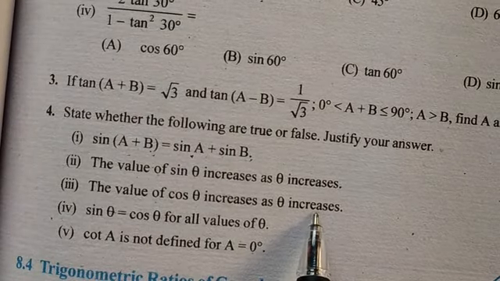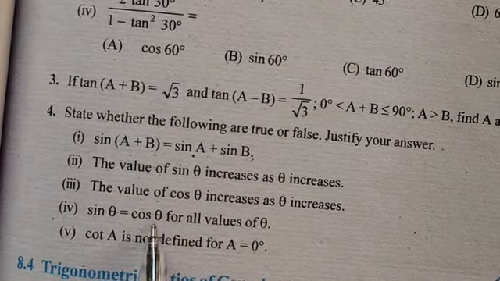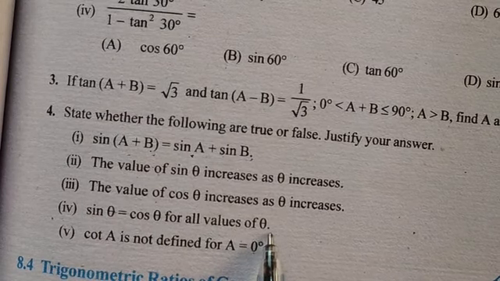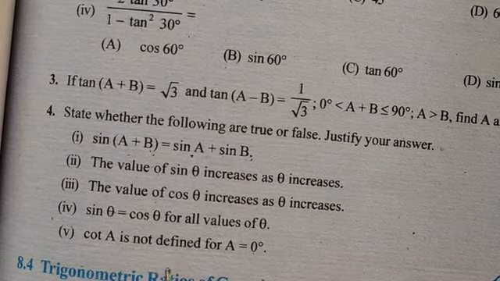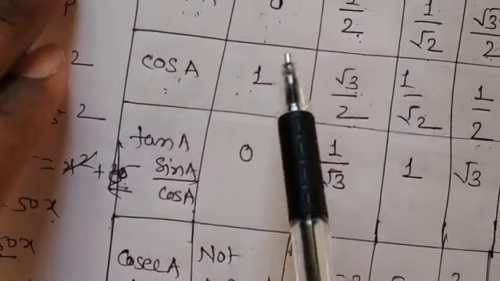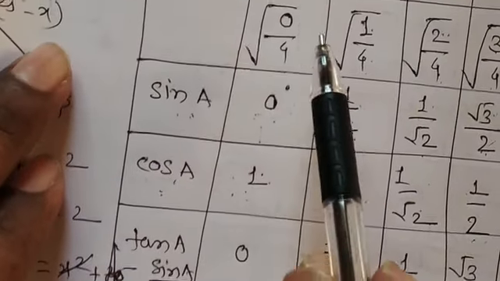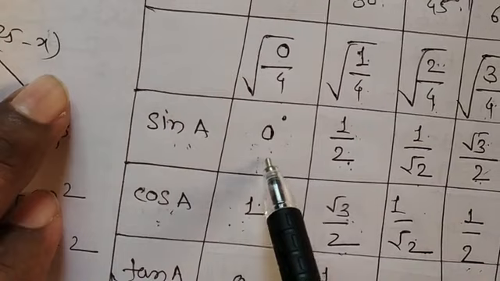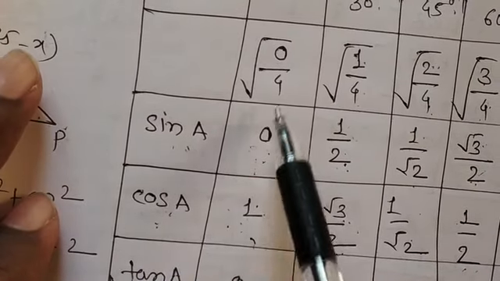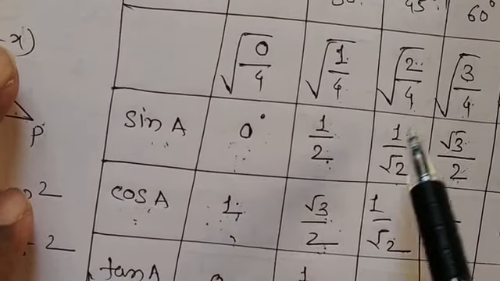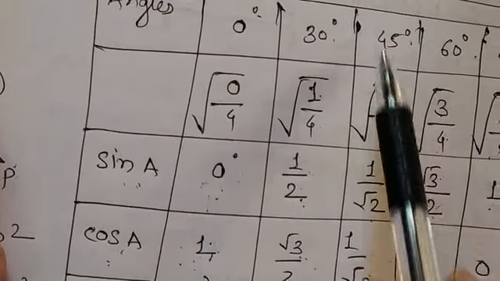Then, sin theta equals cos theta for all values of theta. No, both are different. Sin theta and cos theta are different. Check here: sin theta for 0 is 0, but for 0 cos is 1. Both are different. Here again different, but for 45 degrees they are equal.